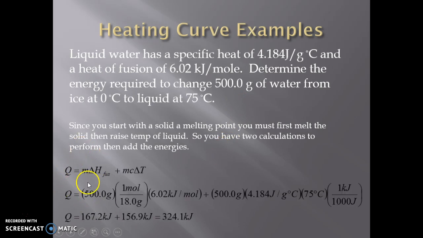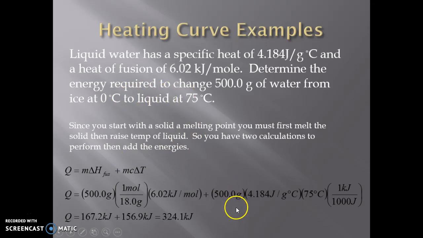So the total energy is going to be the sum of those two tasks. You've got to melt the ice, so 500 grams times the heat of fusion, which is in kilojoules per mole, so we've got to convert the grams into moles. And then you have to add to that the energy from the specific heat from the temp change from 0 to 75 of the liquid water.